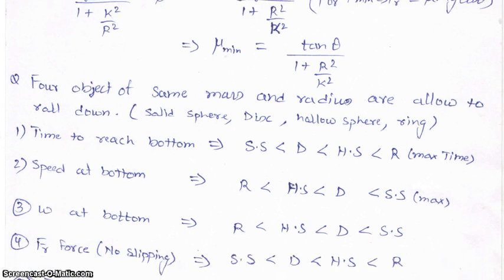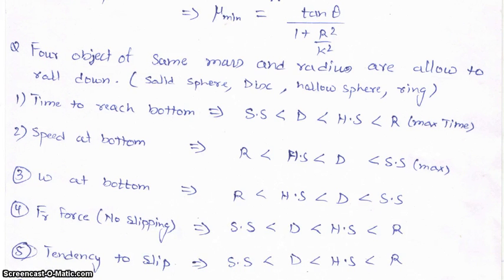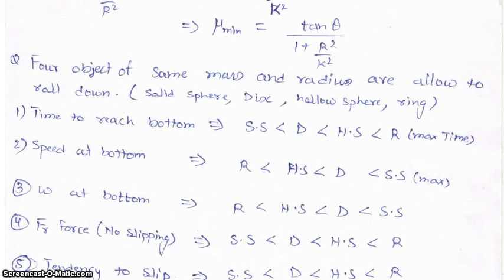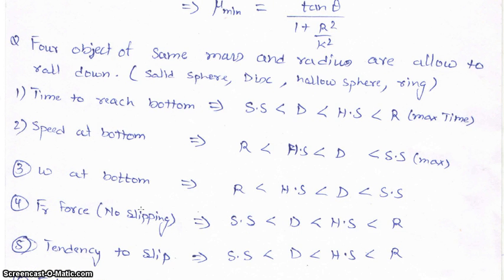Just listen to these explanations very carefully and do write them, otherwise you will not be able to understand what I'm saying. Omega at the bottom, as all are performing pure rolling, so whoever has the minimum speed at the bottom will have minimum omega at the bottom, which is ring.